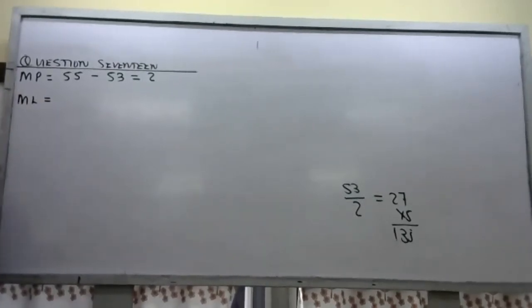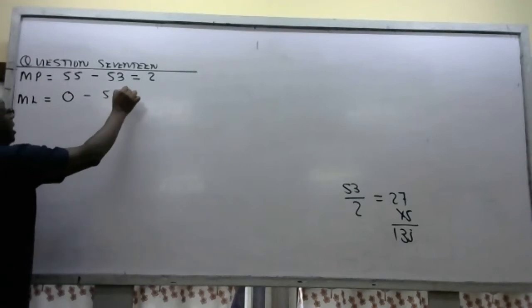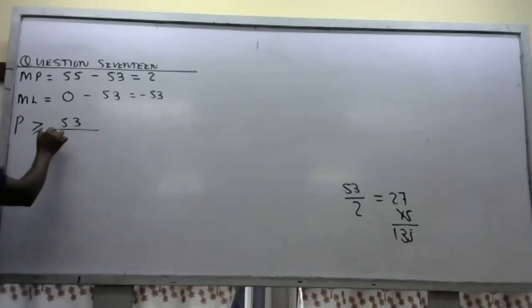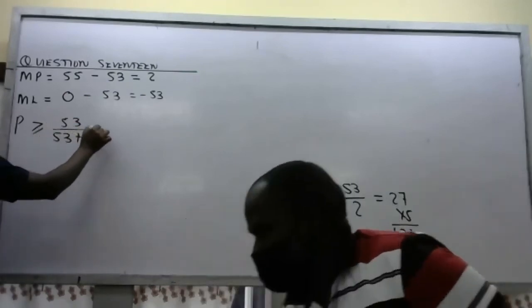Now that it is going to be given for free, it means he's selling for how much? 0. So that his loss is minus 53. So now give me P as 53. You divide by 53 plus 2.